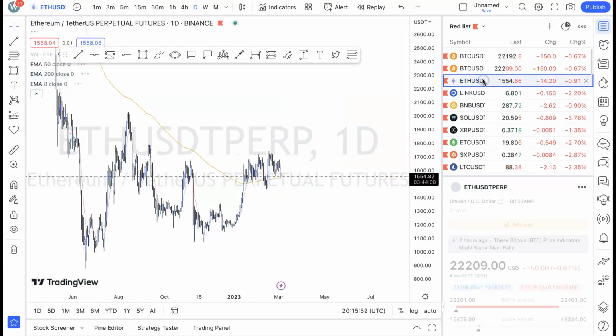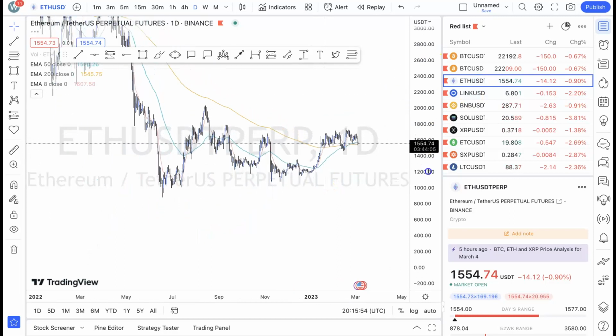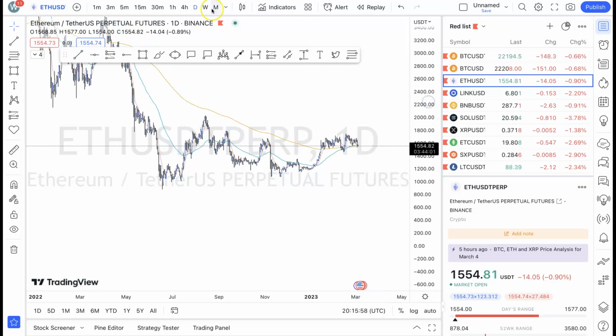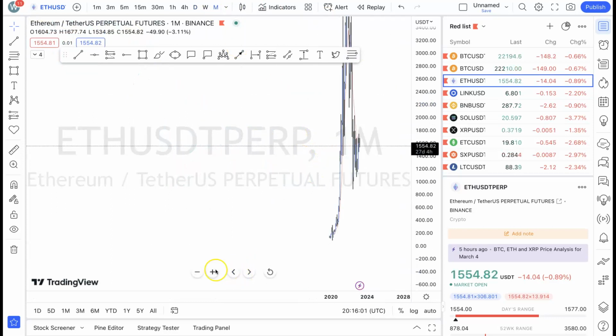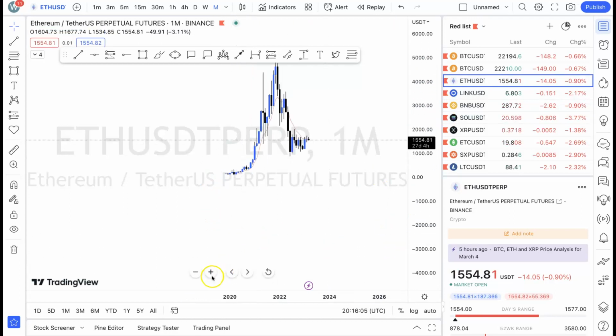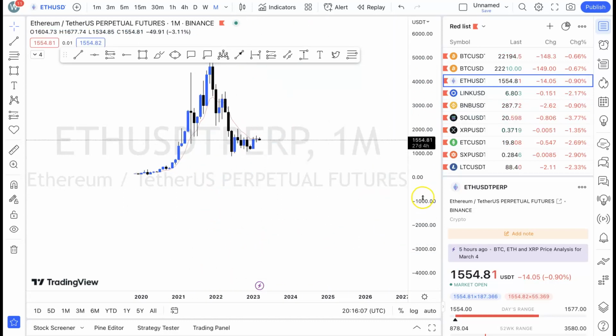All right, so let's quickly get into Ethereum, one of the most traded coins in the market. As usual, start from the monthly. The Ethereum chart and the Bitcoin chart look quite similar.